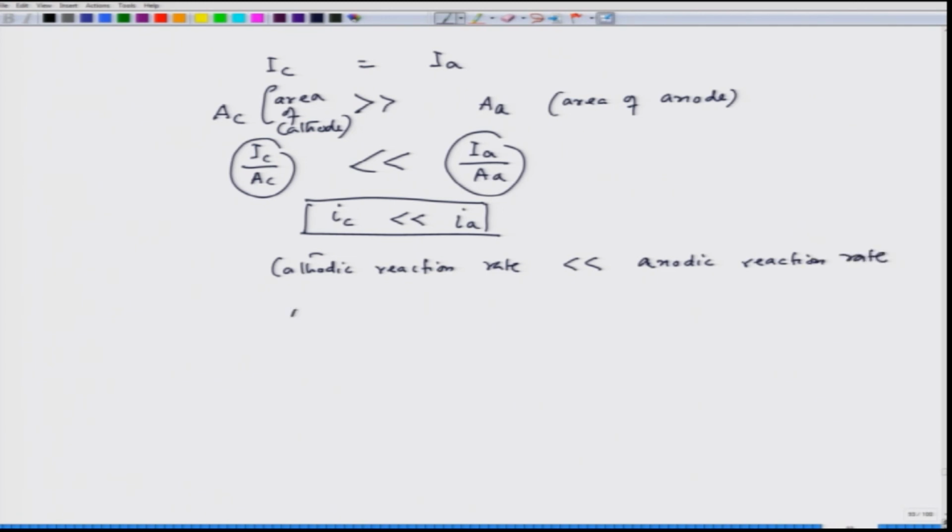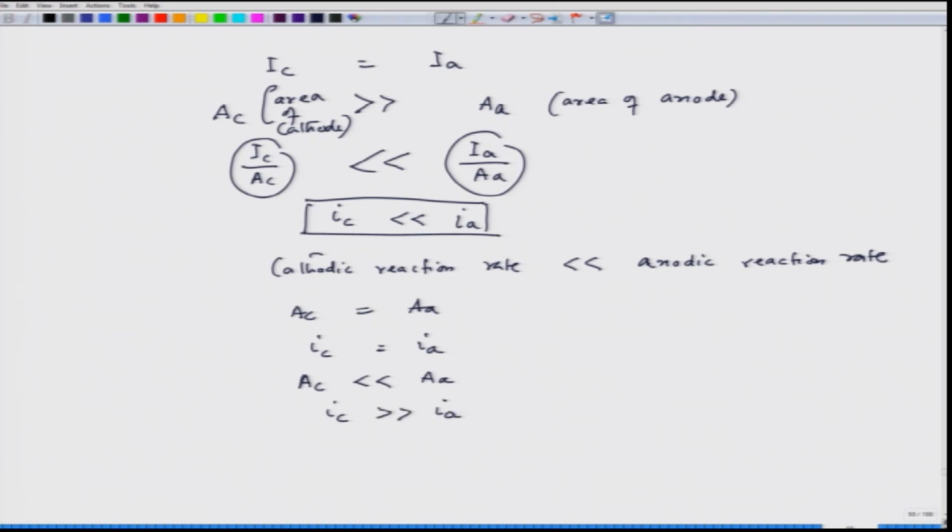If A C equal to A A, then I A equals I C. And if A C is less than A A, I C would be greater than I A.